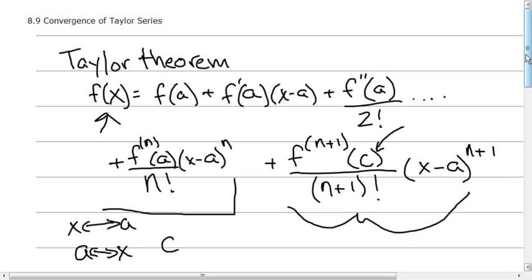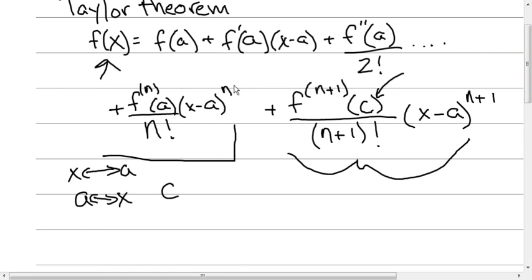So if we're asking the question, does the Taylor series converge to f of x, we would need to know that we had a continuous function that was differentiable over this interval, and at least differentiable up to the nth, or I guess the nth plus 1 term. And it would be nice if it was infinitely differentiable. And that this last term here goes to 0 as n goes to infinity.